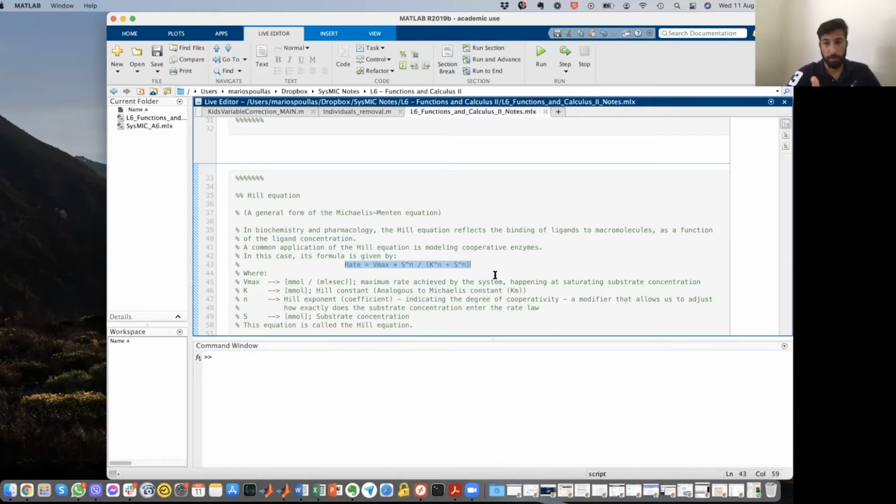It's basically a modifier that allows us to adjust how exactly the substrate concentration enters the rate law. S is the substrate concentration, K is the constant, as said earlier, which is analogous to the Michaelis constant, and Vmax is again the maximum rate achieved by the system. And the highlighted equation here is the Hill equation.